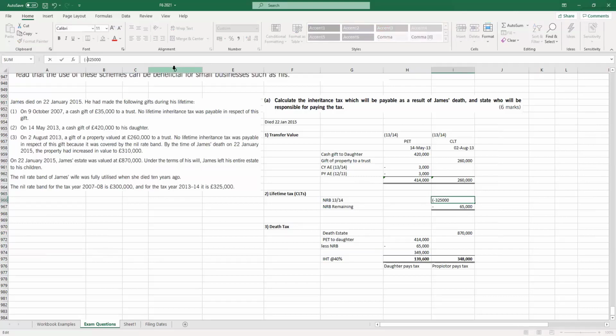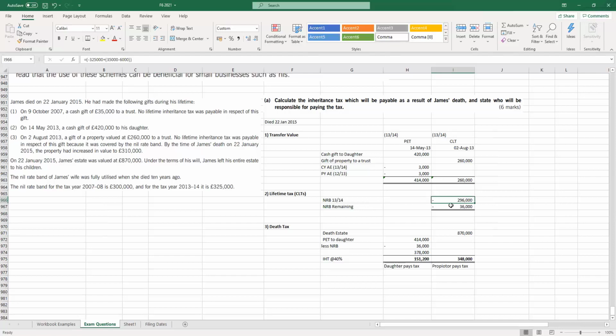Correct, yeah. So it will be plus 35, equals. And remove the first bracket. Okay, that's fine.